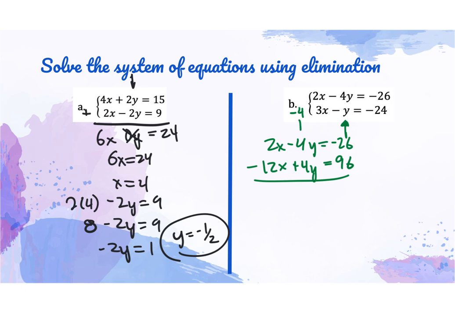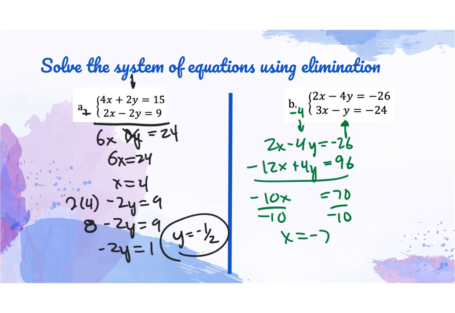So I can get negative 4y, positive 4y. So that becomes negative 10x. That becomes 70. Sorry, got ahead of myself. Divide by negative 10. So x will equal negative 7.